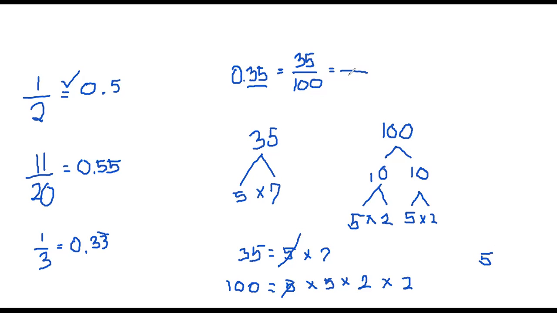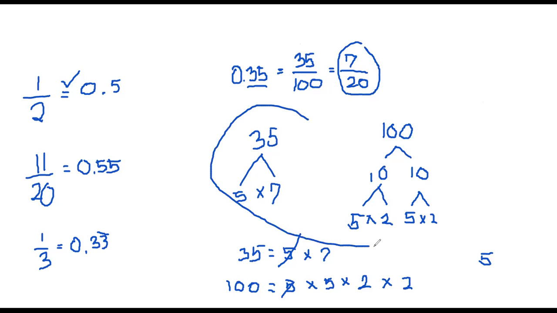Okay? Kay 5 lang sila divisible. So, 35 divided by 5, that is 7. And 100 divided by 5, that is 20. So, ang 0.35 is 7 over 20. Nakuha? So, i-lowest term lang natin sila.